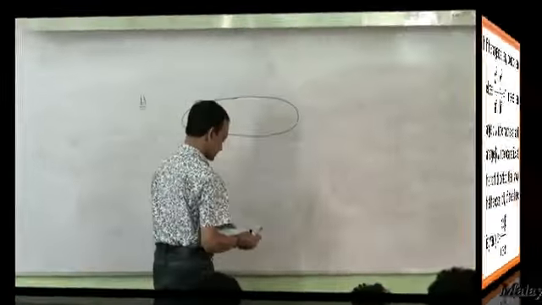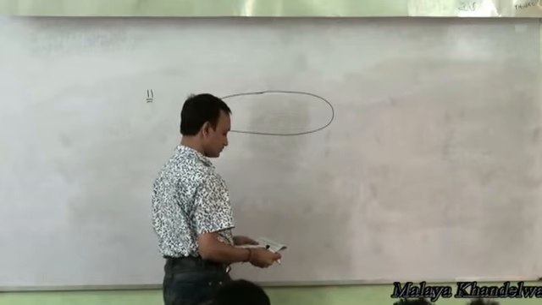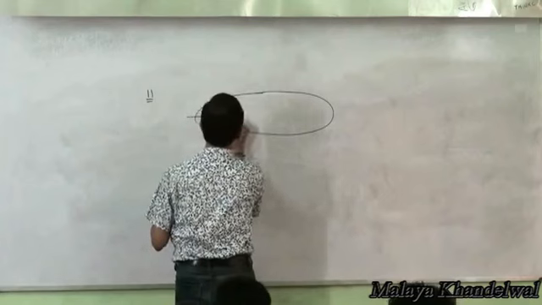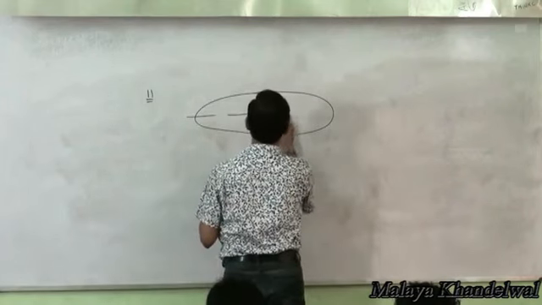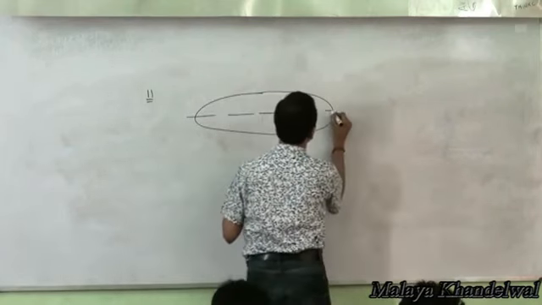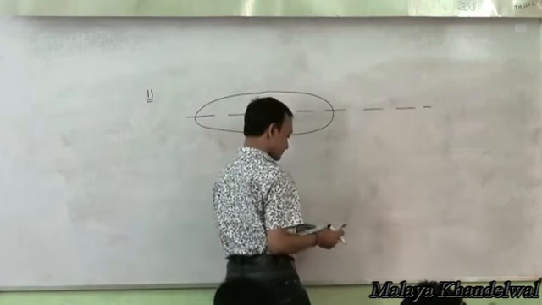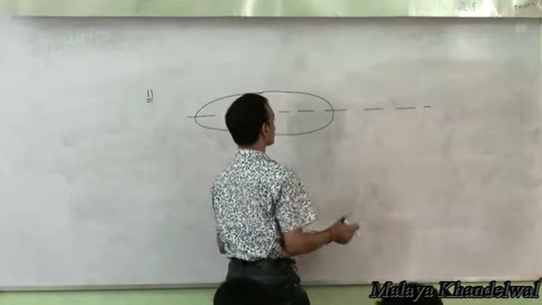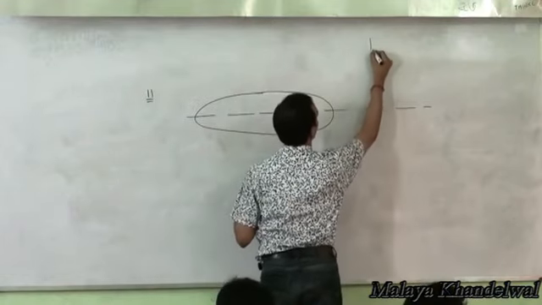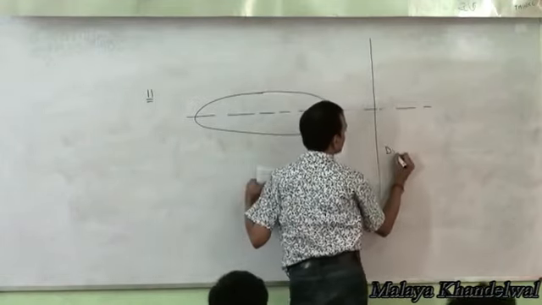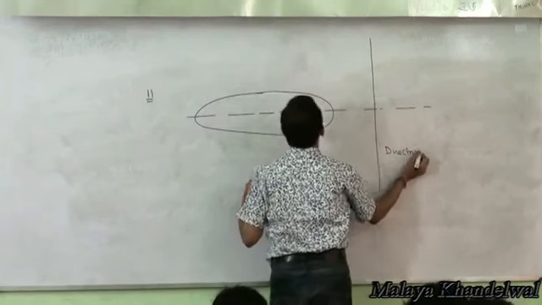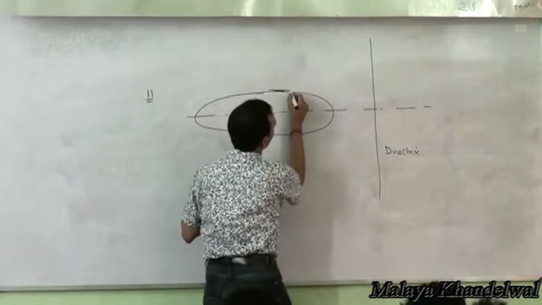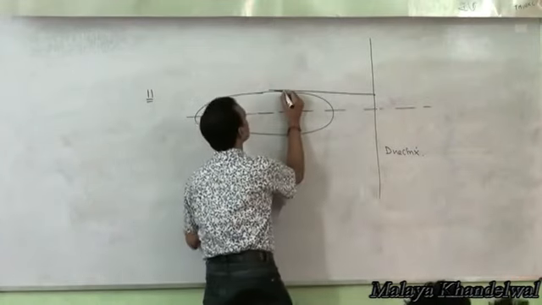This is an ellipse. Major axis of the ellipse. This is the directrix. And a tangent is drawn at a certain point P of the ellipse.